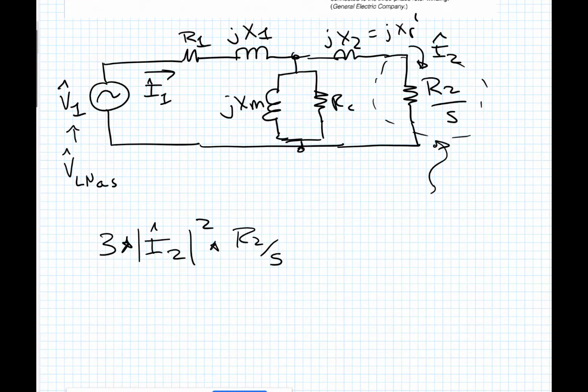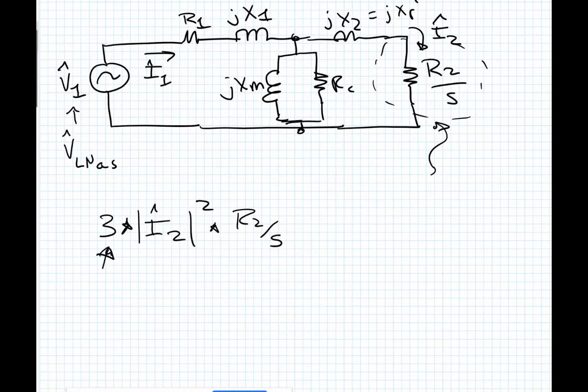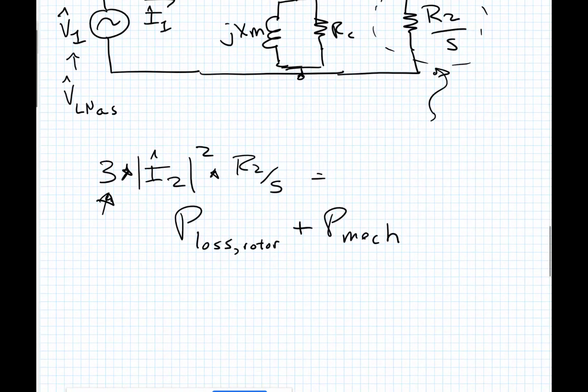That's a power. You've got to put the 3 in because we have 3 phases. Otherwise, you ignore the other 2 phases. That is equal to two things. It's equal to the P loss of the rotor plus what we're going to call P mechanical, which is what you're applying to the shaft.